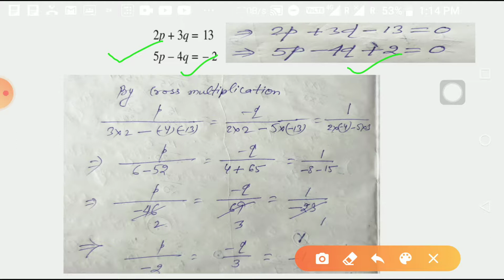For this, first we take p upon: we will hide the p coefficients, then multiply 3 by 2, then minus the multiplication of these two coefficients, minus 4 into minus 13.